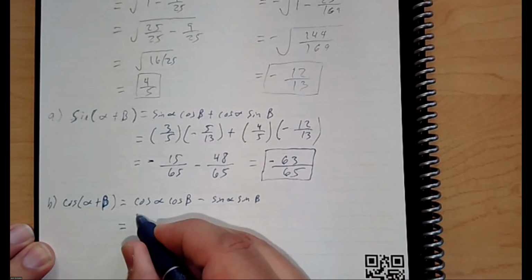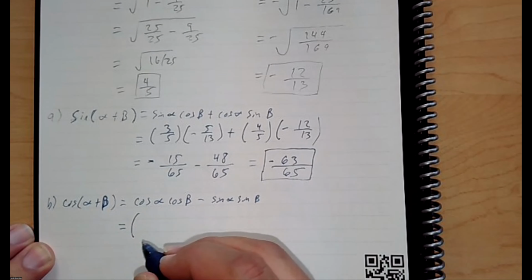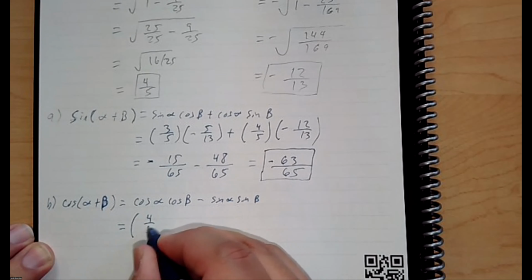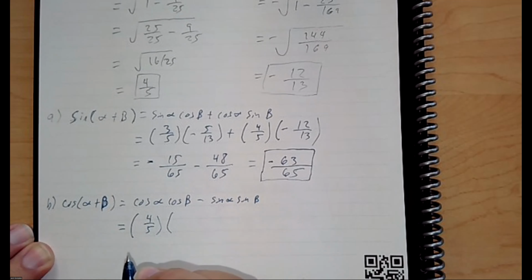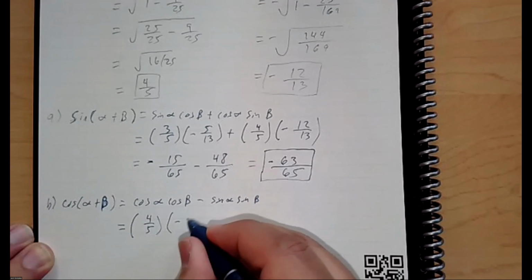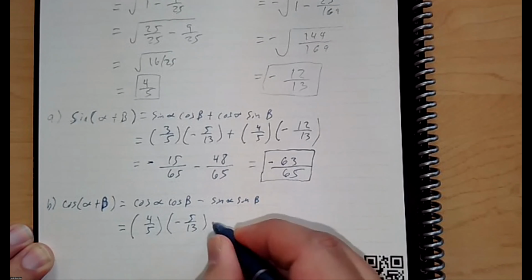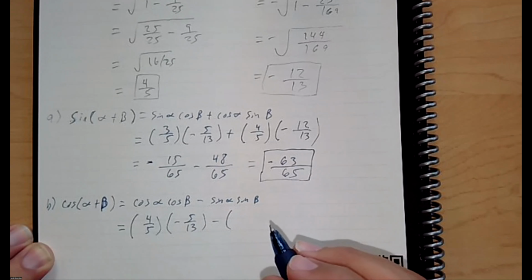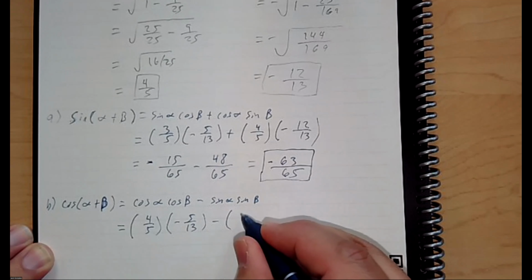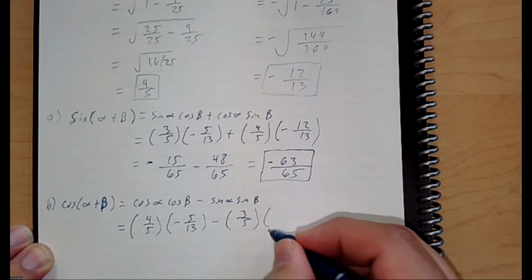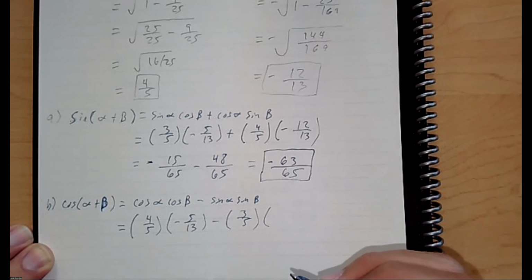So that will be cosine alpha 4/5, cosine beta -5/13, minus sine alpha 3/5, and then sine beta.